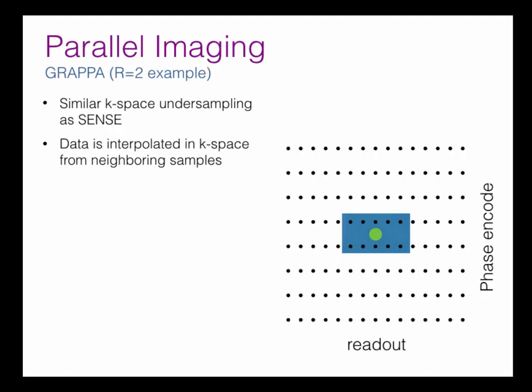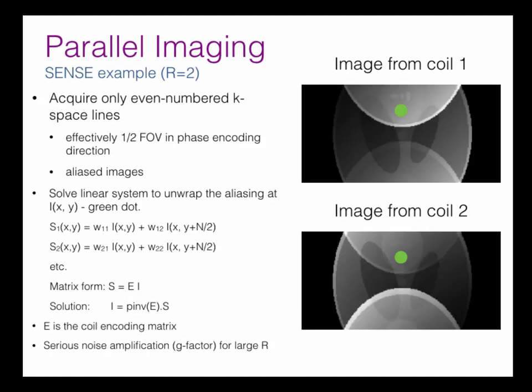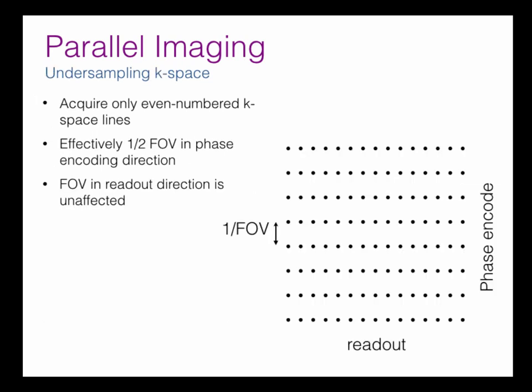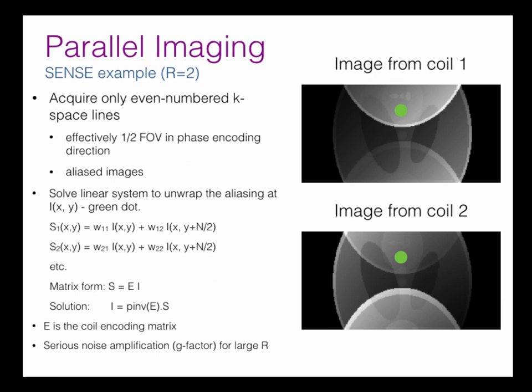What you've done by doing that is you've managed to acquire the same image you originally would have had, but with half the number of sample lines because we doubled the step. So that's given you an acceleration factor of 2. We can do this for higher acceleration factors by eliminating more and more lines and increasing that sample spacing.